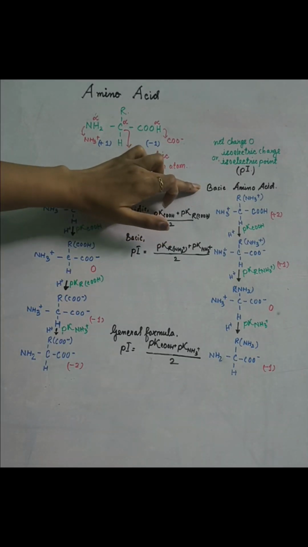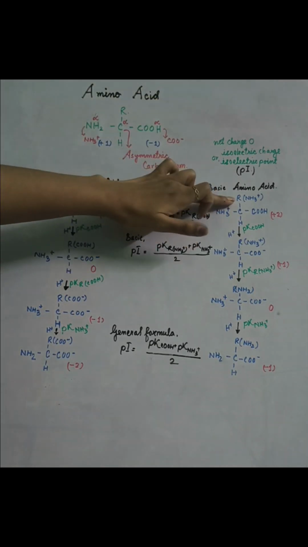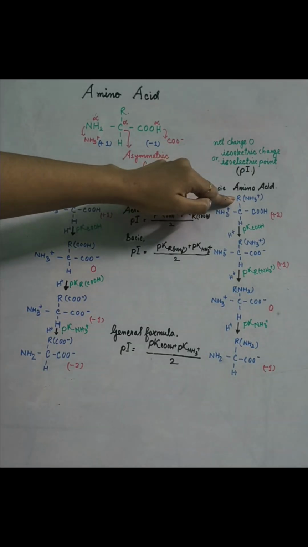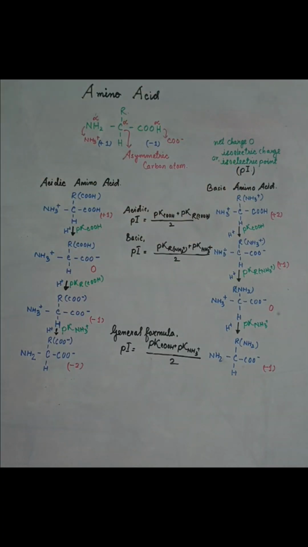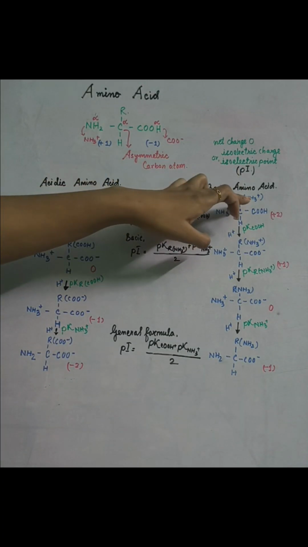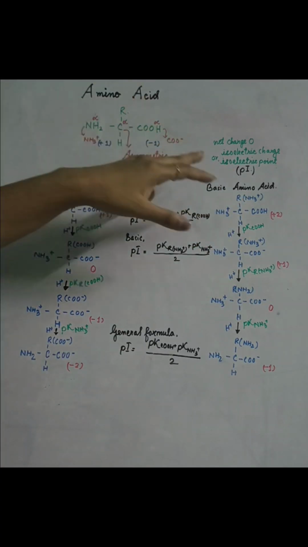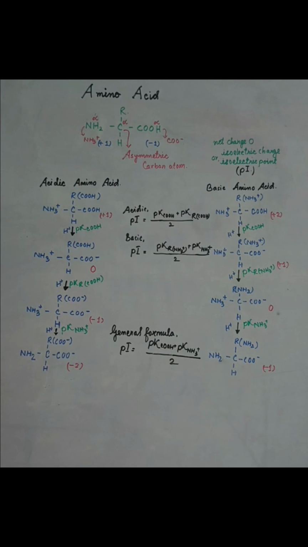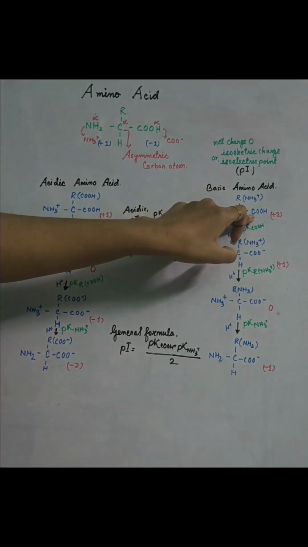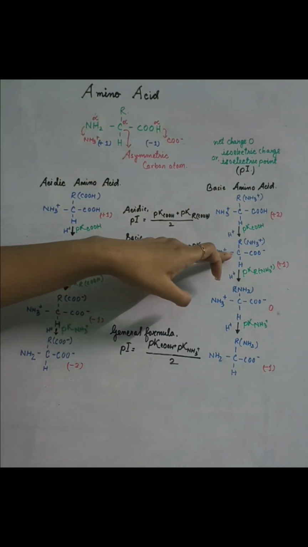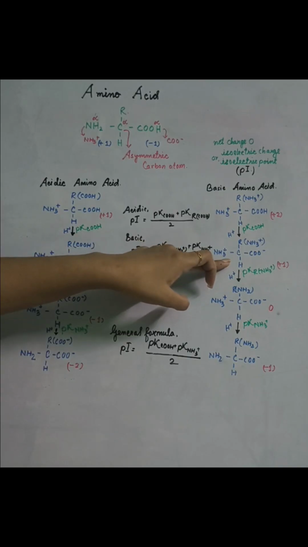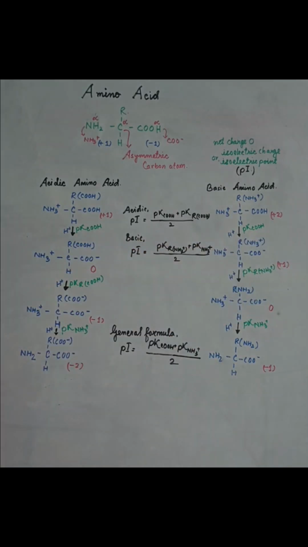Also in case of basic amino acid, here you can see this is the R group that carries an extra NH3+, that is an amino group, at its side chain, and now the overall charge is +2. So when the first H+ ion is removed from the alpha COOH group, then the net charge is +1.